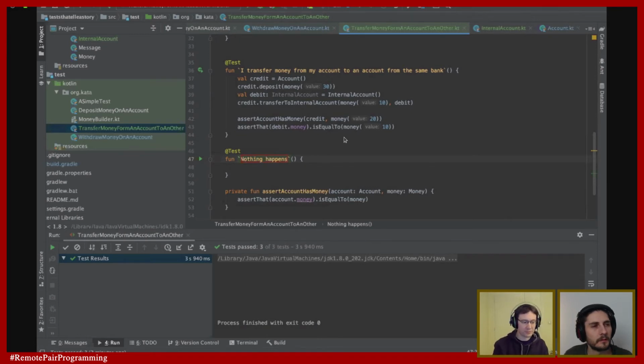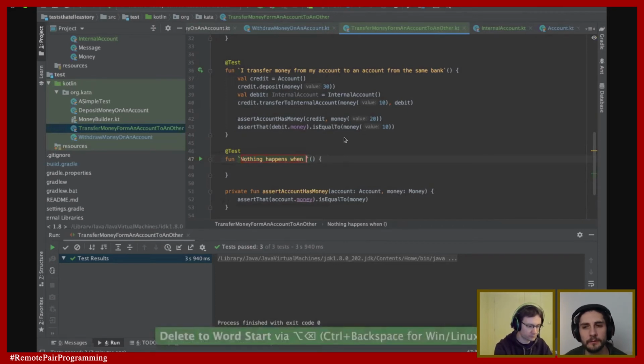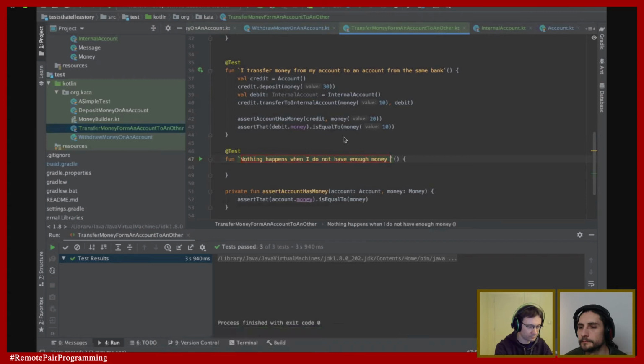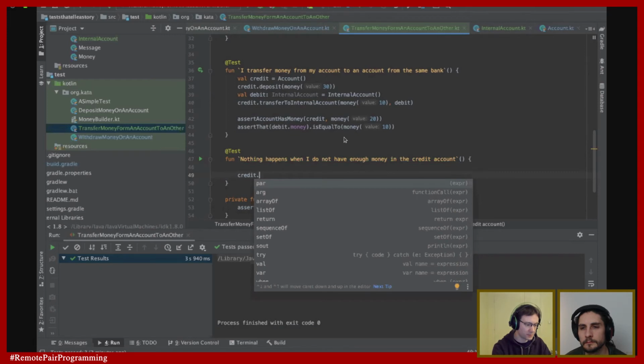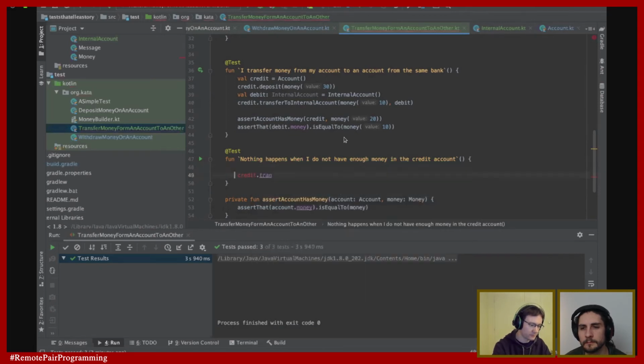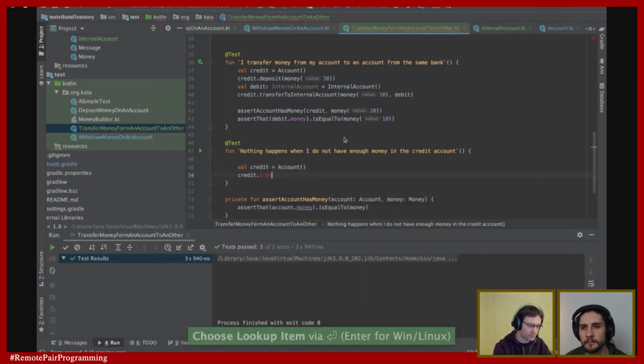So we have two ideas here. Which one? Well, the first one, what you said, where nothing happens when you don't have enough money in the credit account. Okay. So let's transfer.